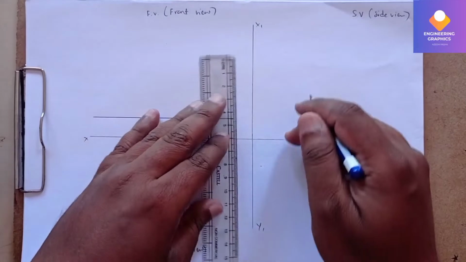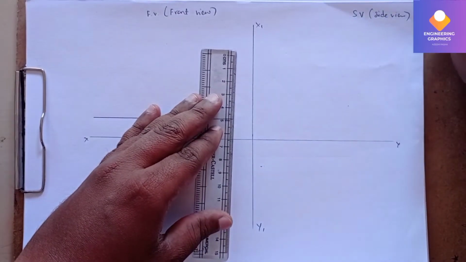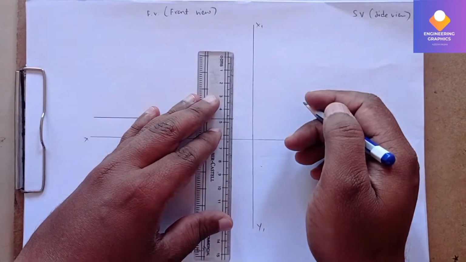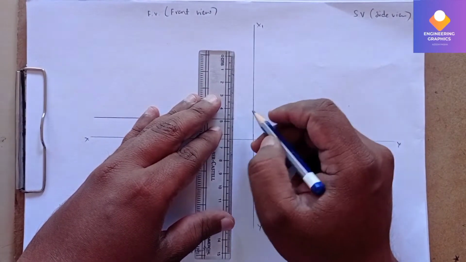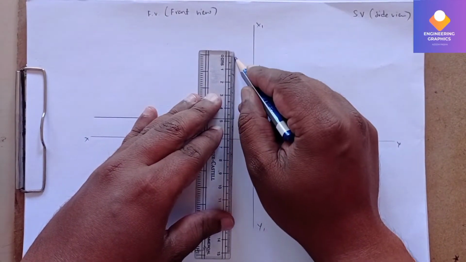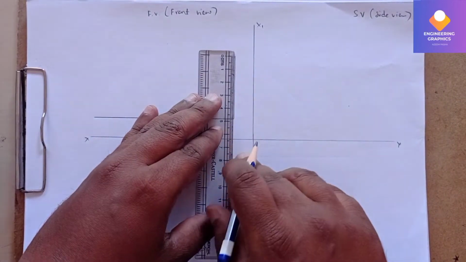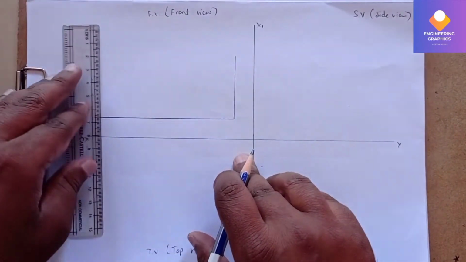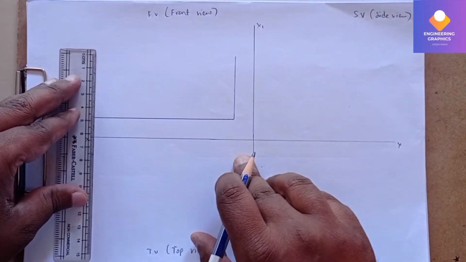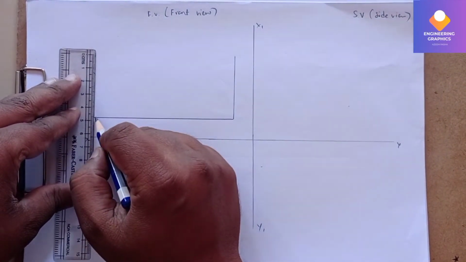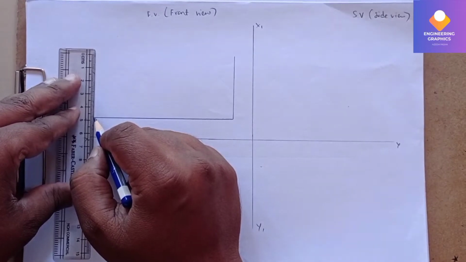The height here should be 48 mm. As I mentioned, we'll be constructing a rectangular face, and from there we are going to darken the lines.